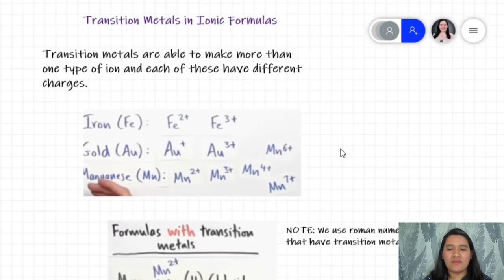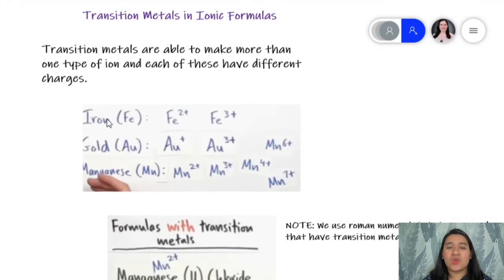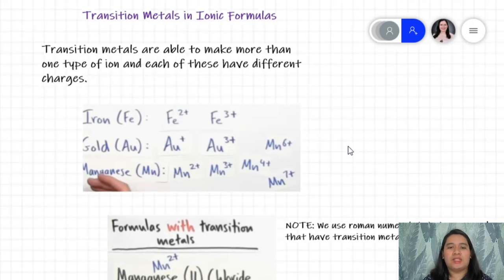We have here an example. Iron is an example of a transition metal. So again, they can have more than one type of ion. It can have a positive 2, positive 3, positive 4, positive 1, and so on. Meaning to say they have many charges. Why? Because it is a transition metal.